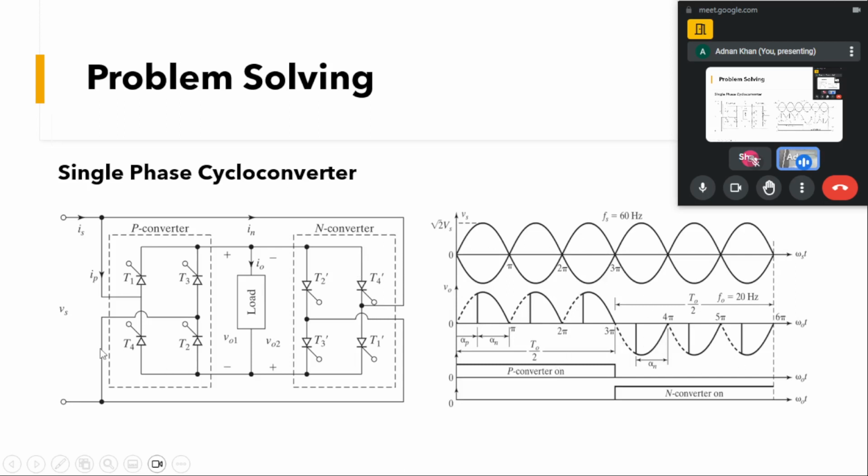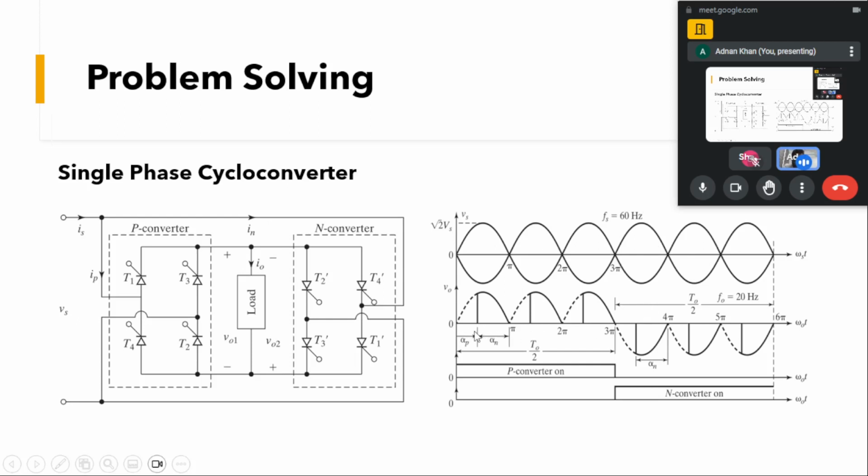During the negative half, the n will be conducting. And as I had discussed, some of you might have joined late, if triggering of the p-type converter is at an angle alpha, then we will be triggering our n converter at pi minus alpha.